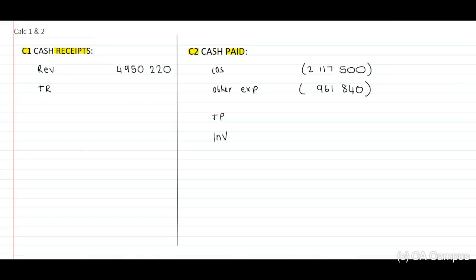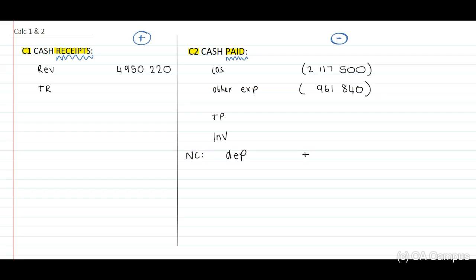Our other expenses, look at this, guys. I prefer to make use of my negatives here. I include negative amounts because this is cash paid. And I include positive amounts because this one is my cash received. Now, if I think about my non-cash items, which is my depreciation, I need to add this back.